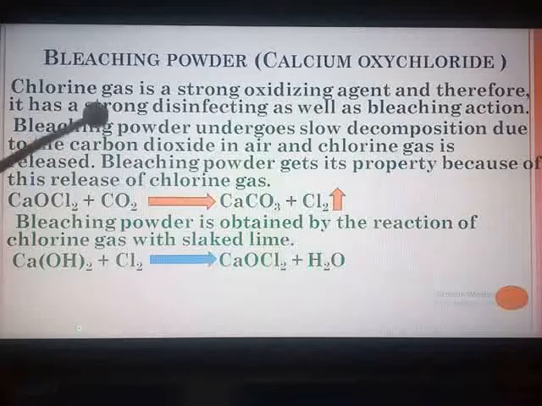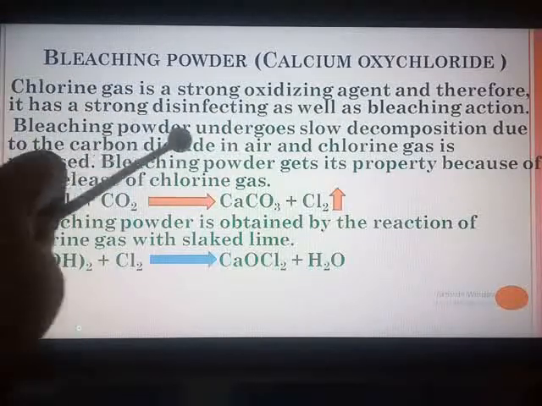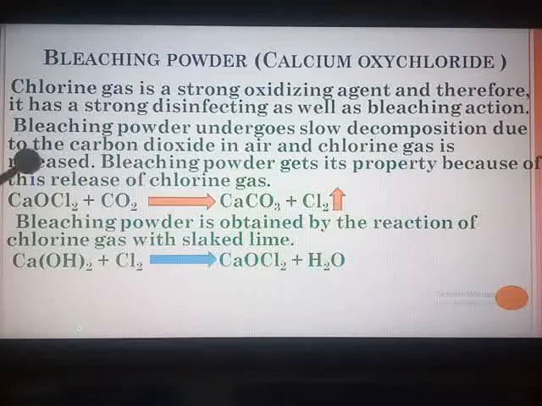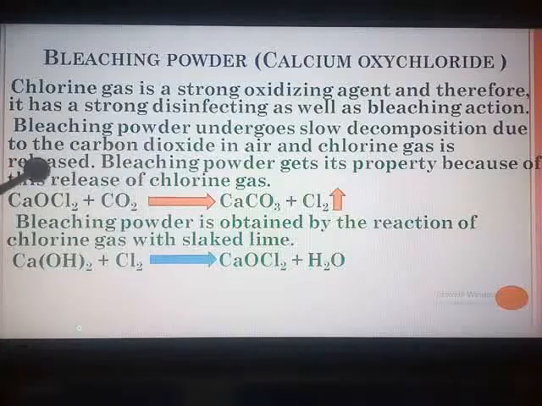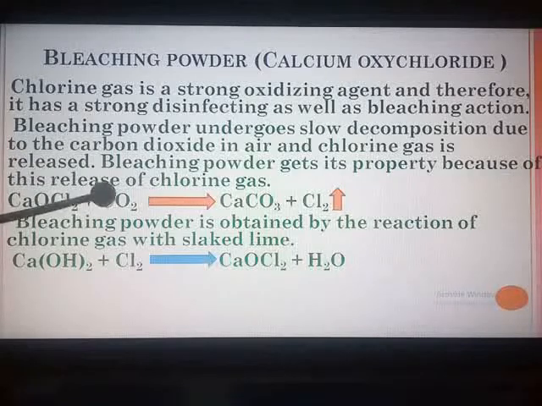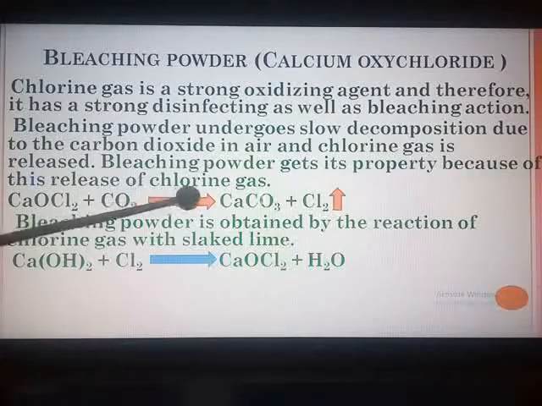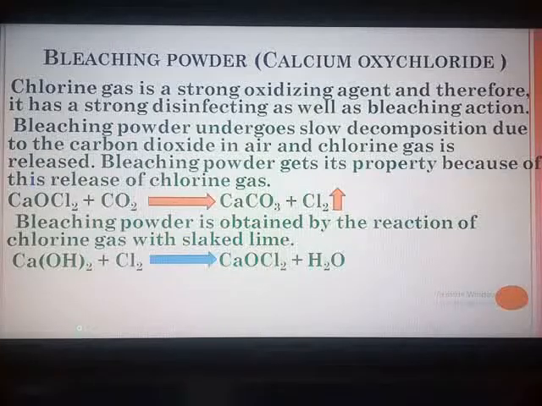Now this bleaching powder undergoes slow decomposition due to the carbon dioxide in the air and chlorine gas is released. Bleaching powder gets this property because of this release of chlorine gas. So calcium oxychloride, CaOCl2, plus carbon dioxide from the air, forms calcium carbonate with the release of chlorine gas, and bleaching powder gets the property of a disinfectant because of this chlorine gas.